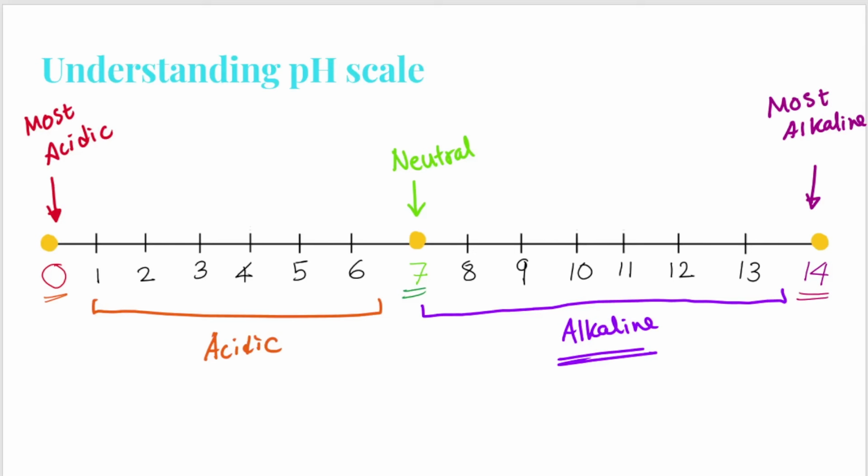Now, why is it important to know about pH in terms of practical use? Here is a practical example. A farmer who is growing potatoes must know the pH of his soil, because potatoes don't grow well in soil that has pH greater or lower than the 5 to 6 range.